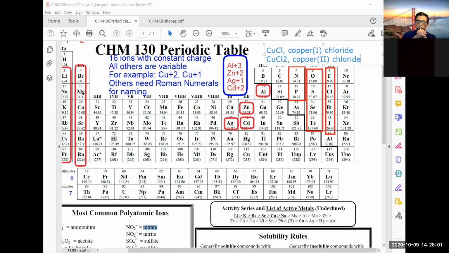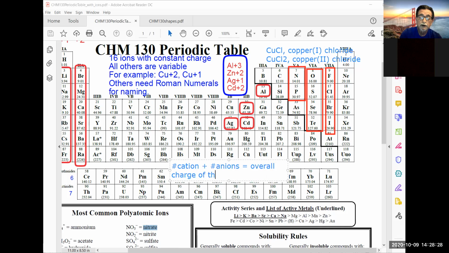Okay. And so, like I said, the general formula is this: the number of cations times their charge plus the number of anions times their charge will equal the overall charge of the compound.